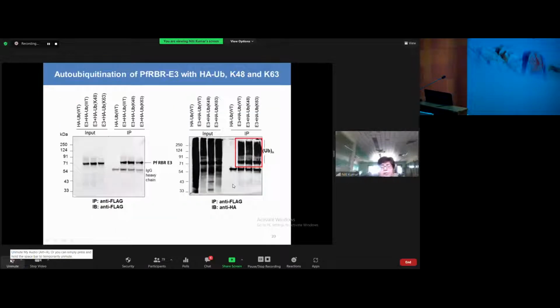Next we wanted to see whether this E3 ligase mediates K48- or K63-linked polyubiquitination. For that we used ubiquitin in which the lysines were mutated, leaving lysine only at the K48 or K63 position. When we did IP, we found that it is able to mediate both K48- and K63-linked polyubiquitination, suggesting that it may play a role in proteasomal degradation and in DNA repair pathways.